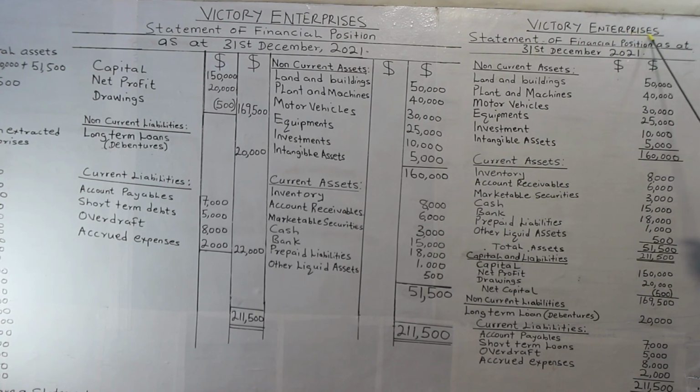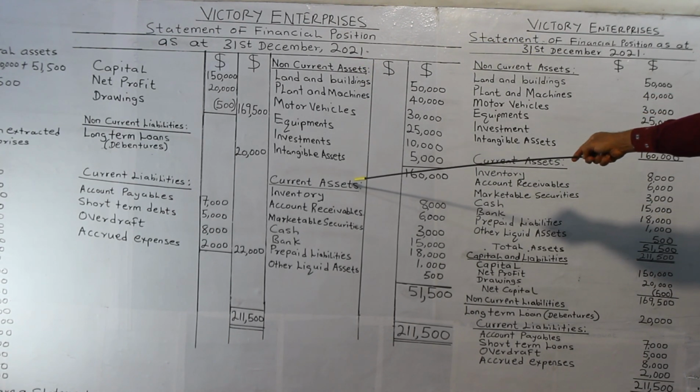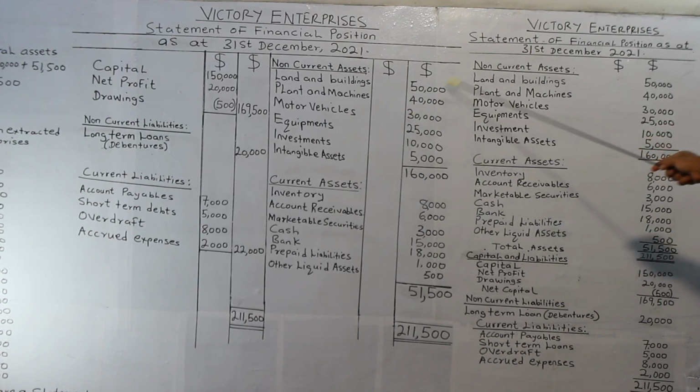Victory Enterprises, Statement of Financial Position as at 31st December 2021. What we do here is this. This is the T format and this is the horizontal format. The non-current assets and the current assets items will be brought firstly on the horizontal format.